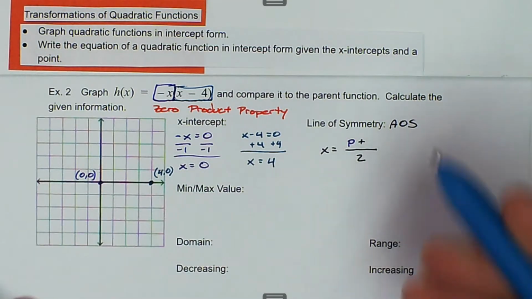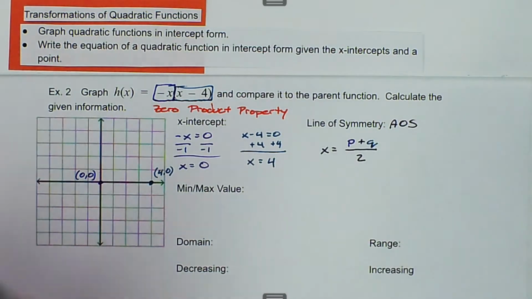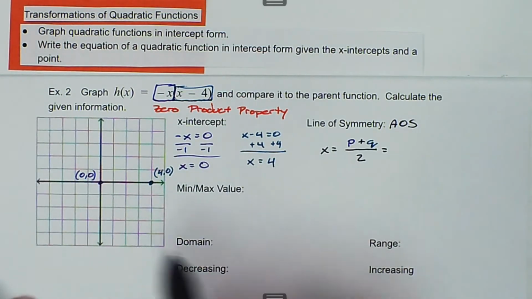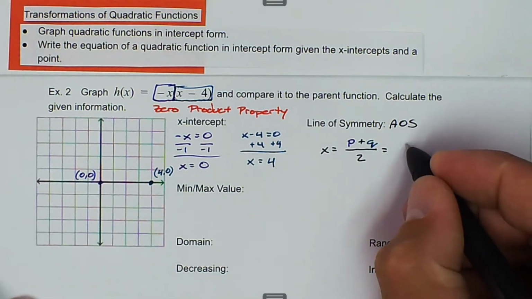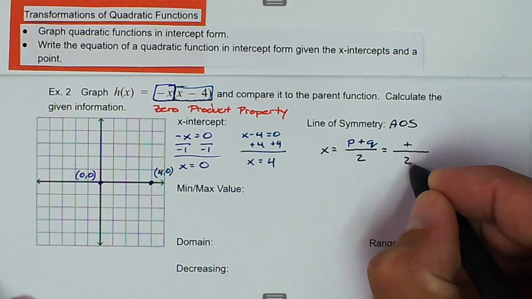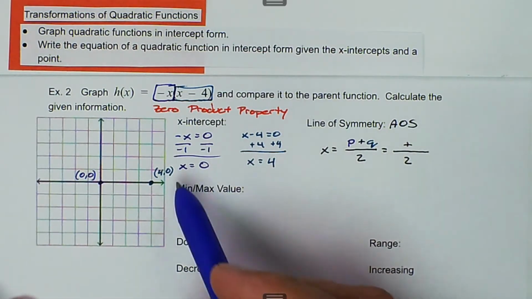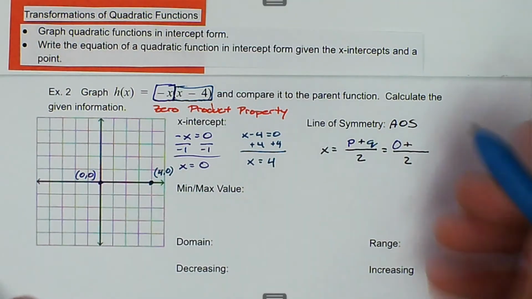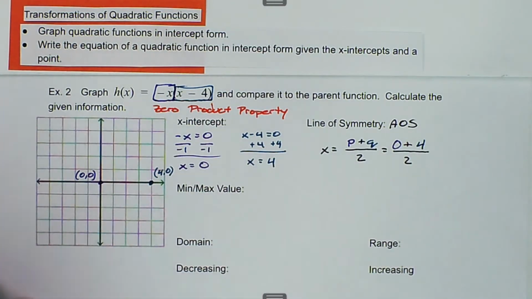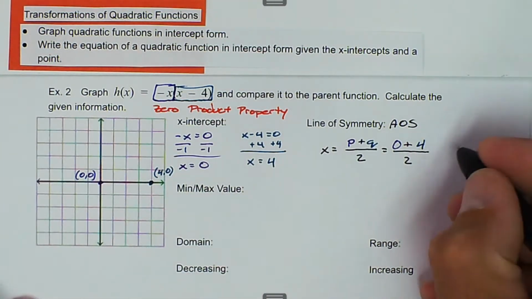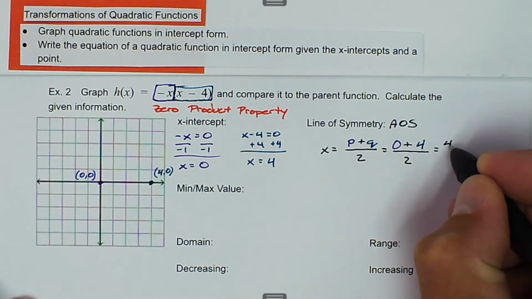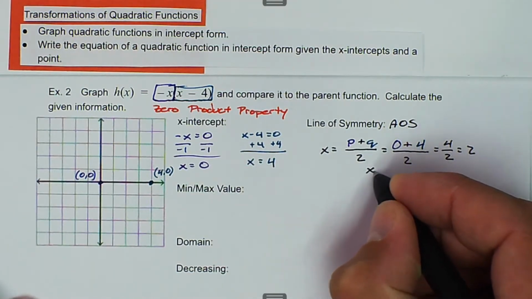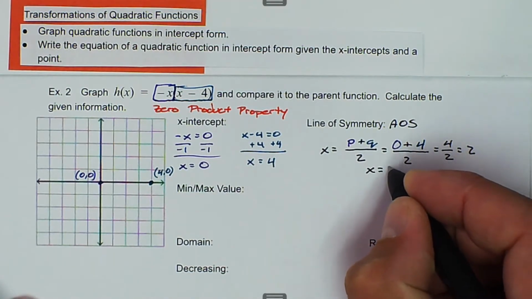We substitute those values in from over here. The p value is 0, and the q value is 4. So 0 plus 4 is 4, divided by 2, which is equal to 2. So our axis of symmetry is x equals 2.